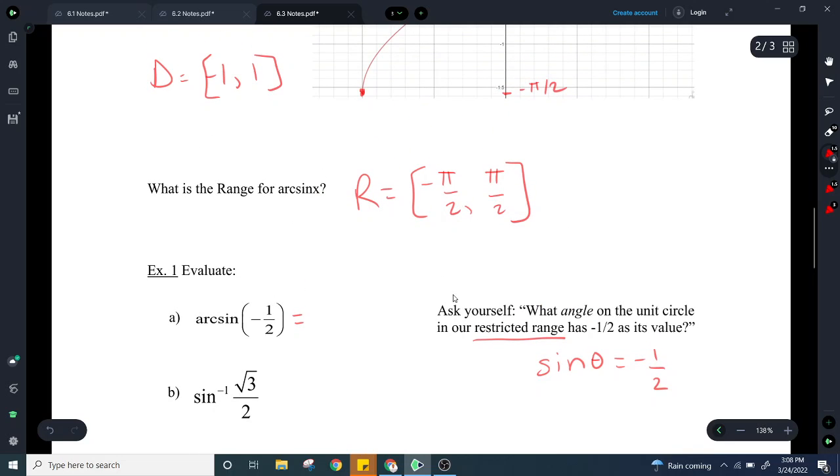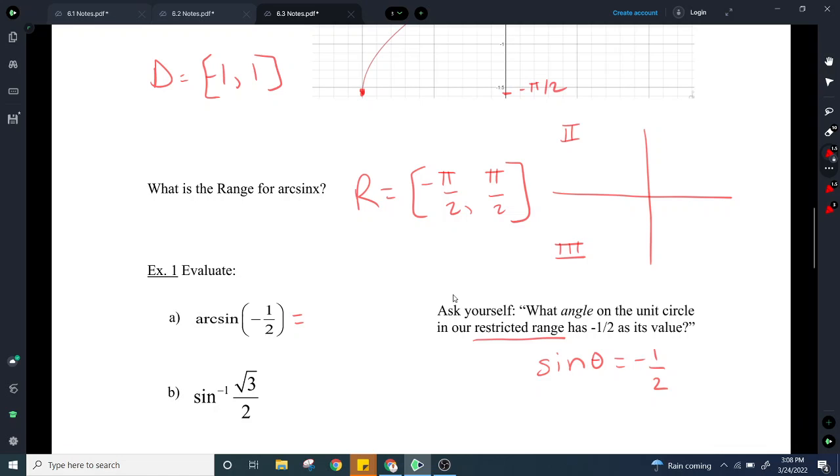If you think about the unit circle, first of all, sine would be negative in which quadrants? Sine would be negative in quadrants 2 and 3, and sine would be 1/2 at your pi/6 locations. I'm sorry, wait a minute. Hold on, scratch that. I've got the quadrants wrong. That was cosine, not sine.